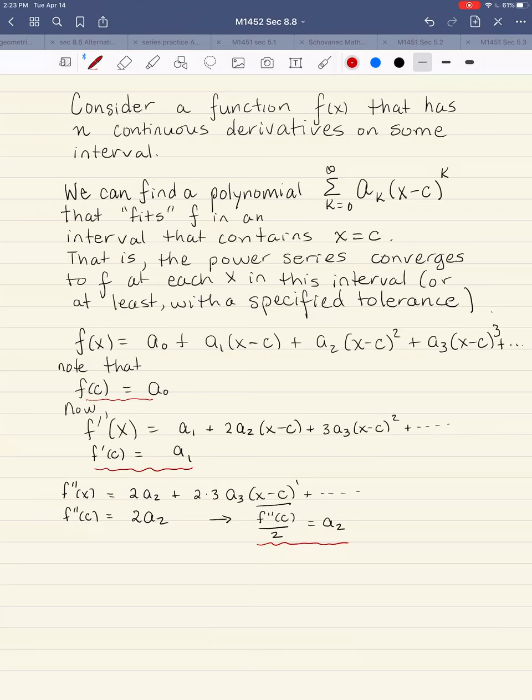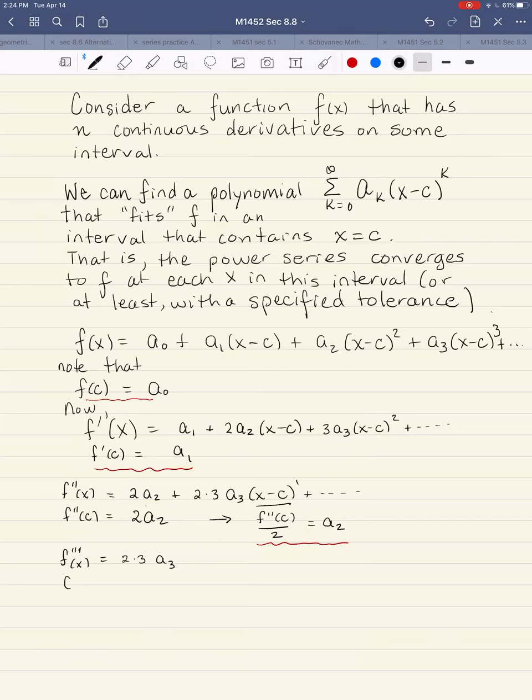So let's now look at the third derivative. We're going to go back here and take another derivative. The third derivative of f at x, well, the 2a2 will have a derivative of 0, and then we'll have 2 times 3 times a3, and then the derivative of x minus c to the first is going to be 1.